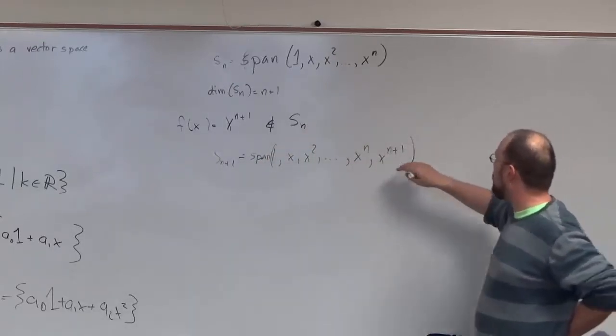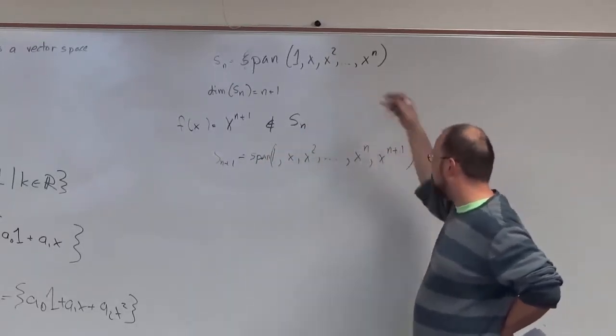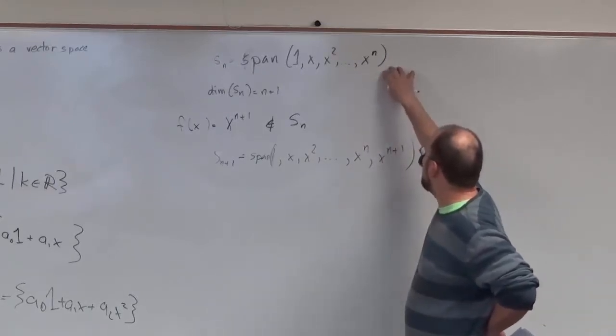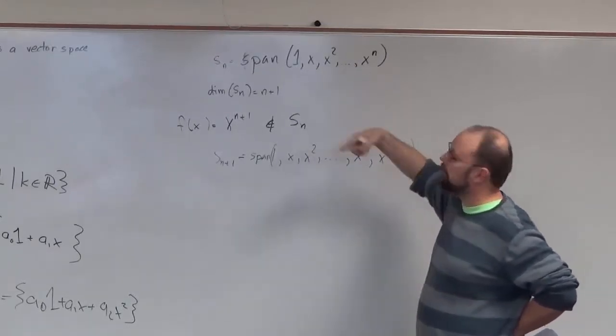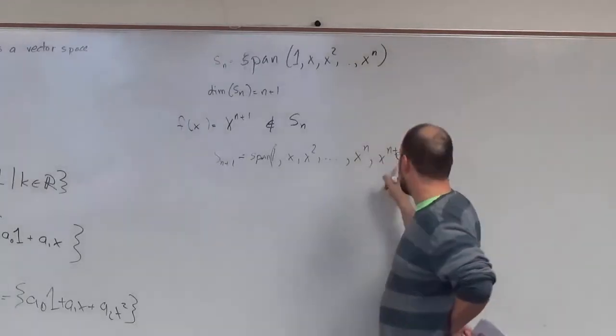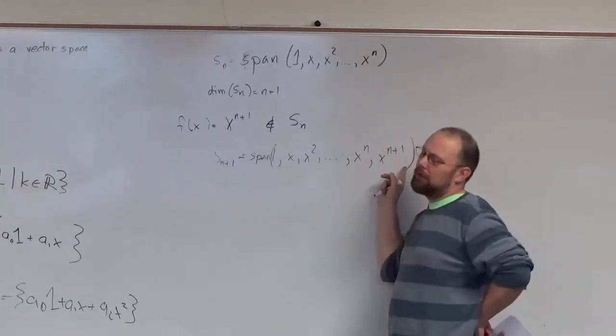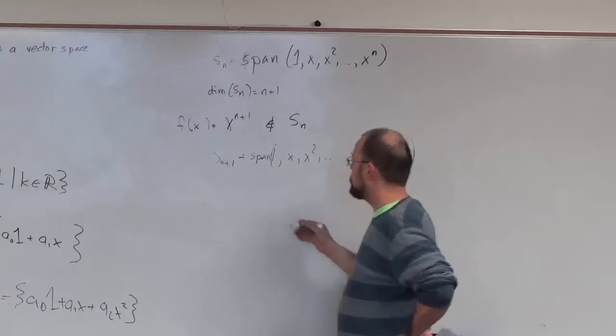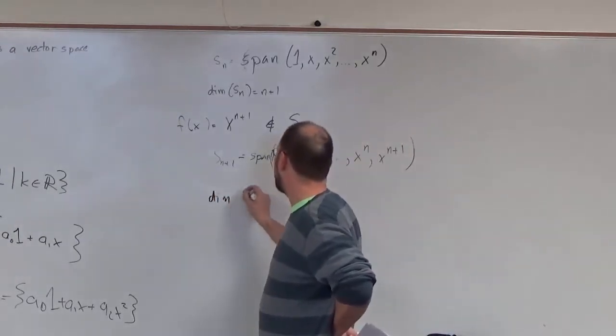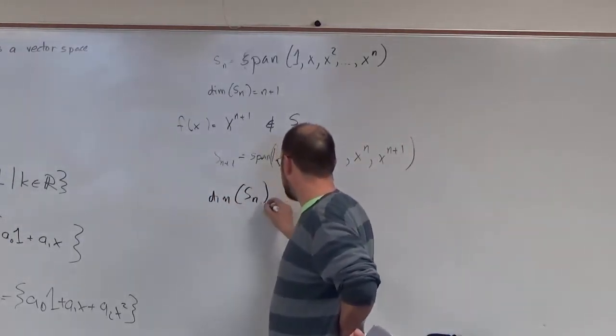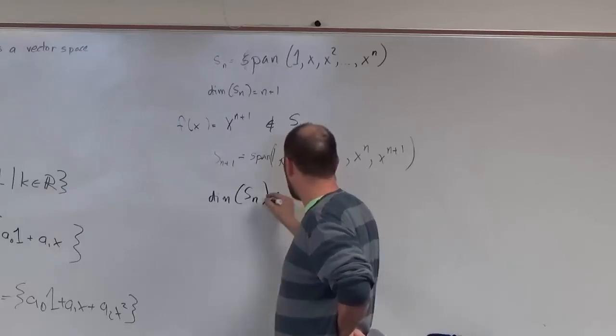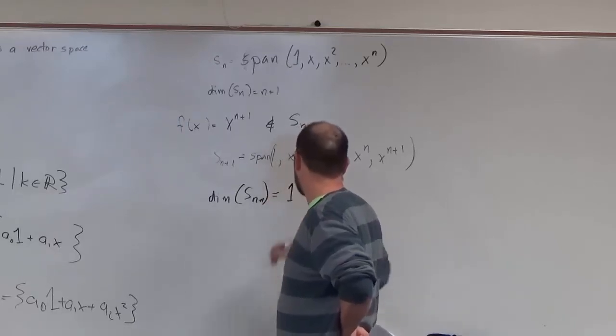Because I'm adding a new vector function which is not a linear combination of the preceding ones, we've raised the dimension by 1 by adding that new linearly independent vector. Okay, so this is a kind of inductive proof. I'm mentioning this obviously because of the first problem in your homework. It's kind of similar.